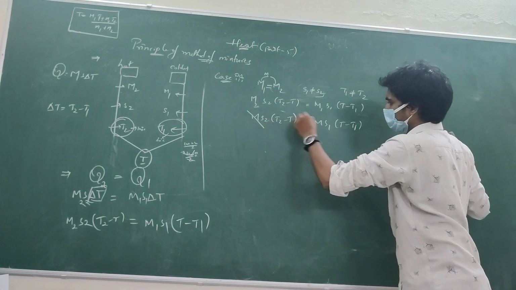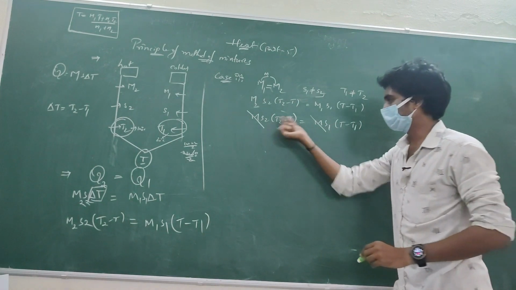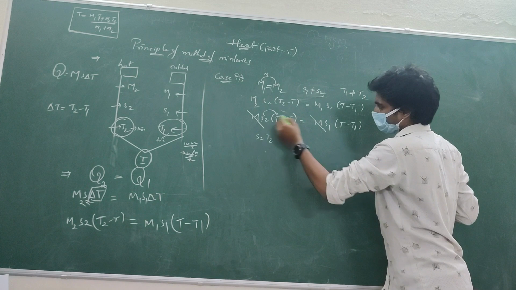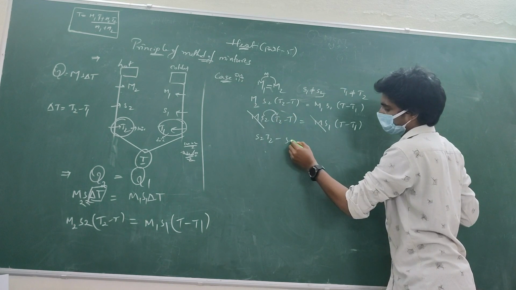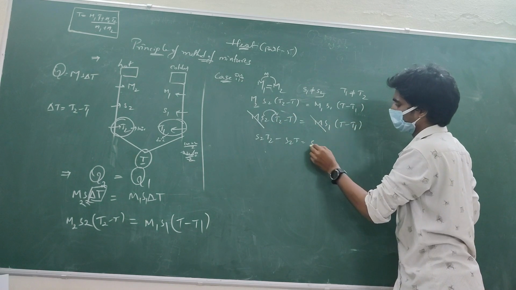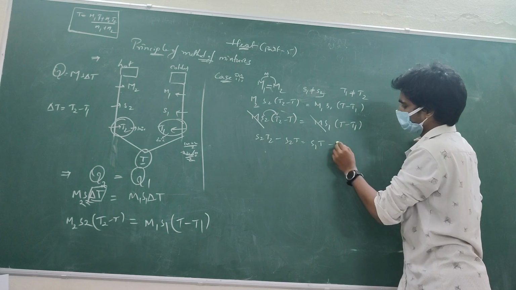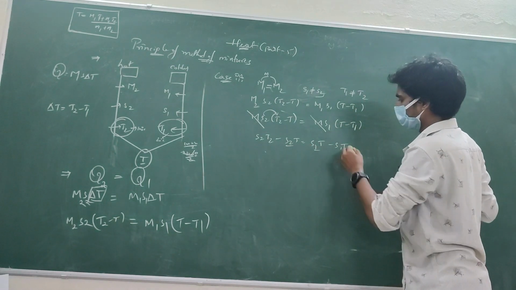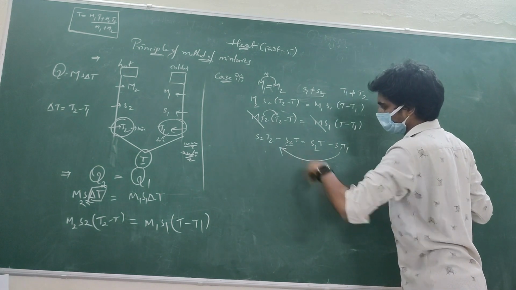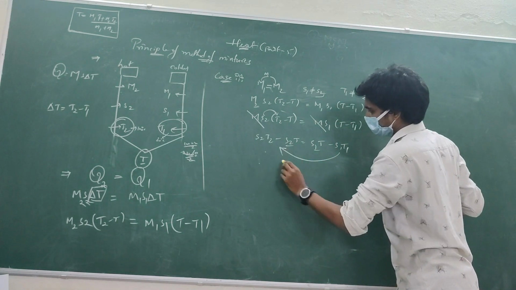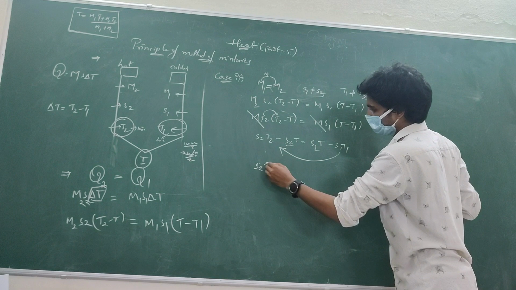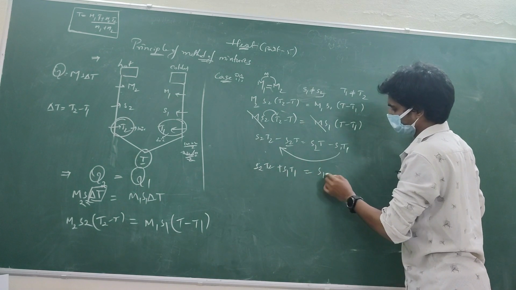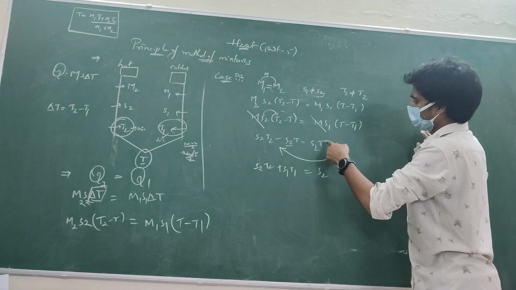In both the cases, m got cancelled out. s2 t2 minus s2 t is equals s1 t minus s1 t1. Clear? Now I am just going to send t terms to one side and t1 t2 terms to the other side. Let's say it is going to become s2 t2 plus s1 t1 equals s1 t, right?